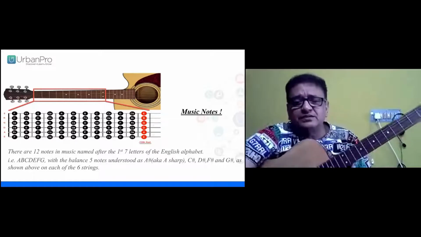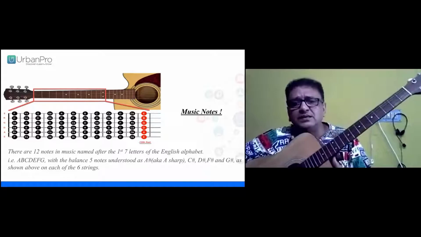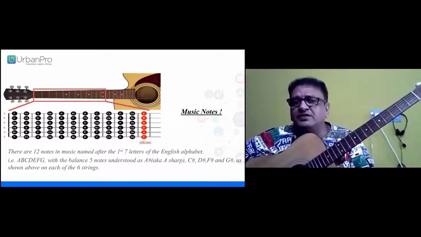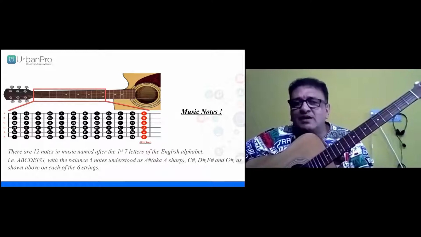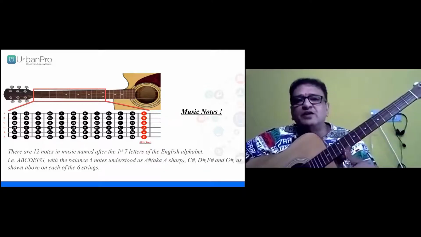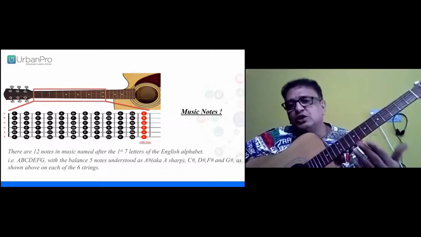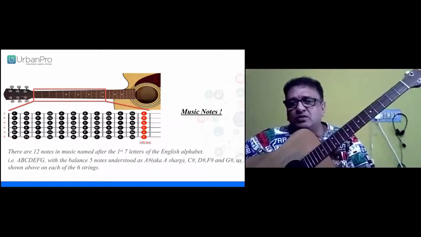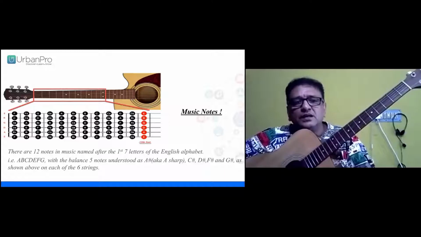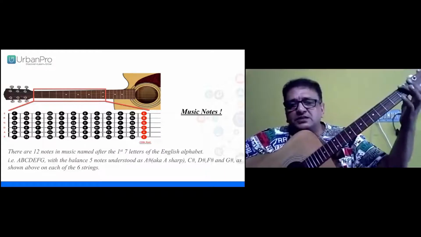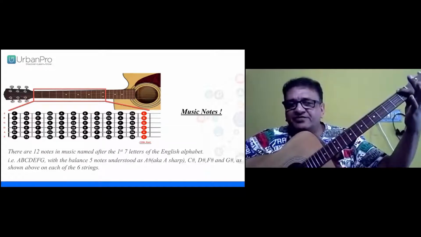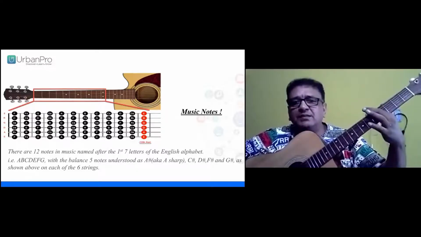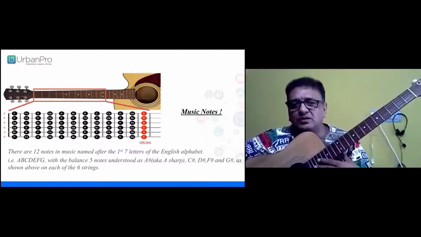In similar fashion, all the other strings are named after the music notes, which are 12 notes. For example, if I start with asking you to look at the E string, which is the top string here on the guitar, you would notice the first note on the E string is F. Then you have a gap and you have G, A, B, C, and so on.